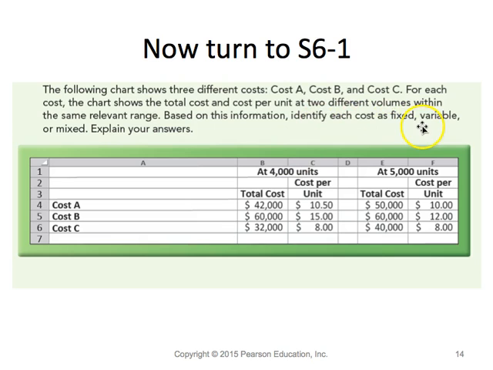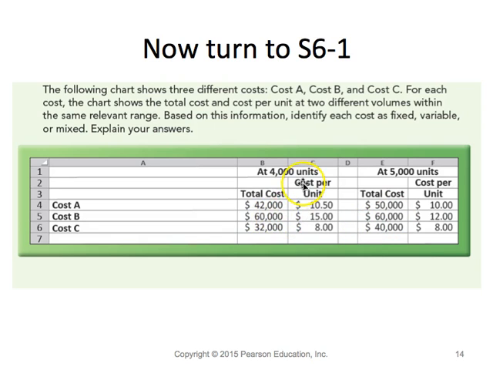Identify each cost as fixed, variable, or mixed. So the first one should be mixed. For this one, at 4,000 units we have a total cost of 46,000, and at 5,000 units of production we still have the same total cost. It means the cost doesn't change; it's a fixed cost.